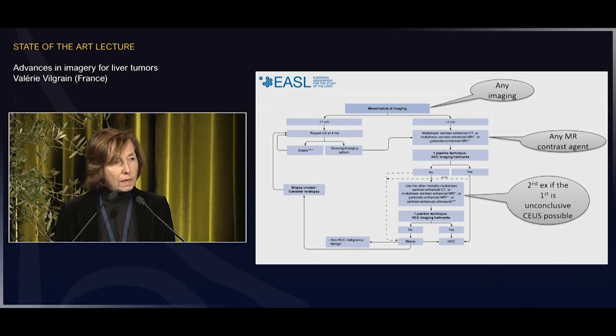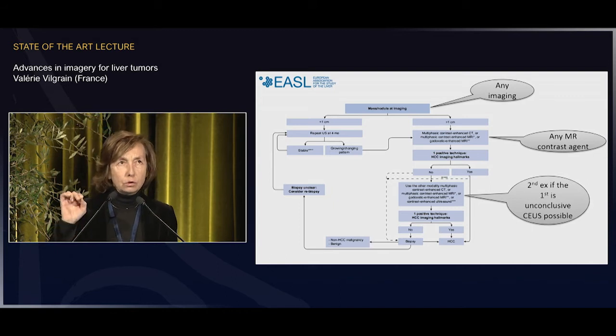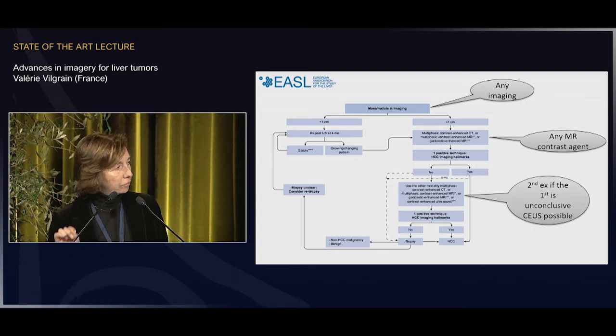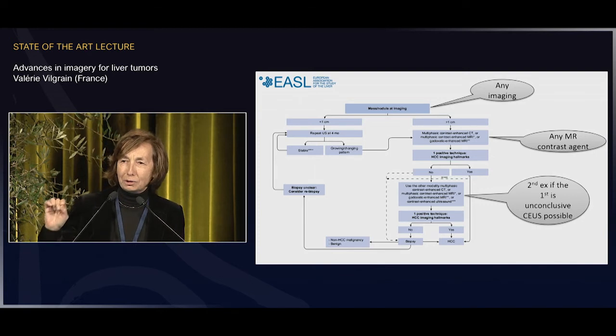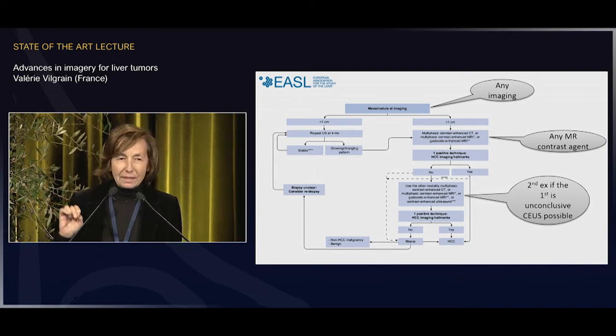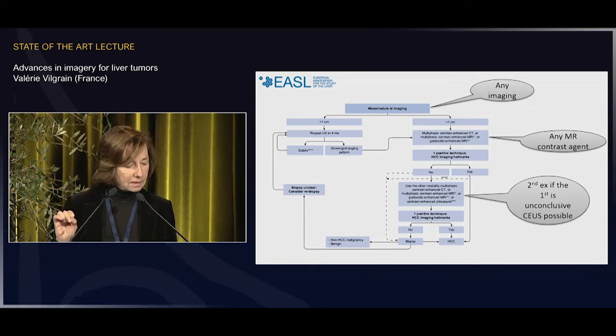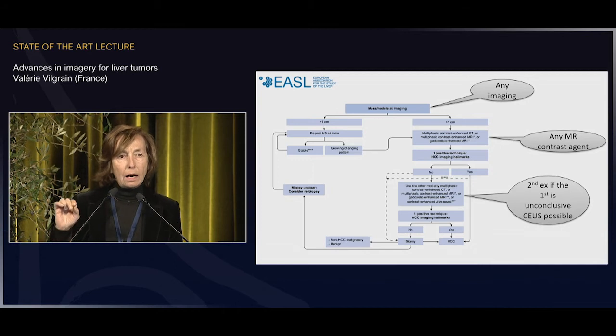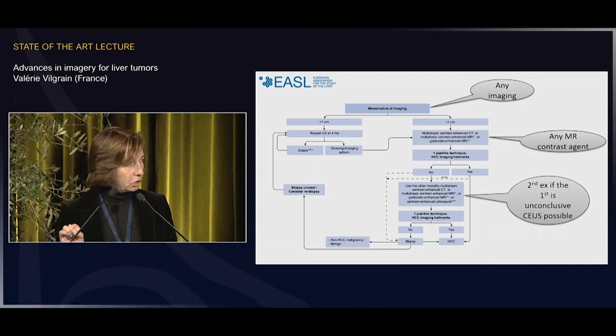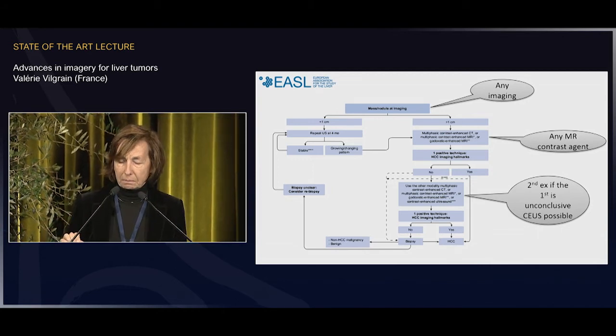I should say we have reintroduced it, because it was in the 2005 guidelines, was removed in 2012, but now it is back because imaging criteria of HCC using contrast-enhanced ultrasound are much better defined, so with a high specificity.